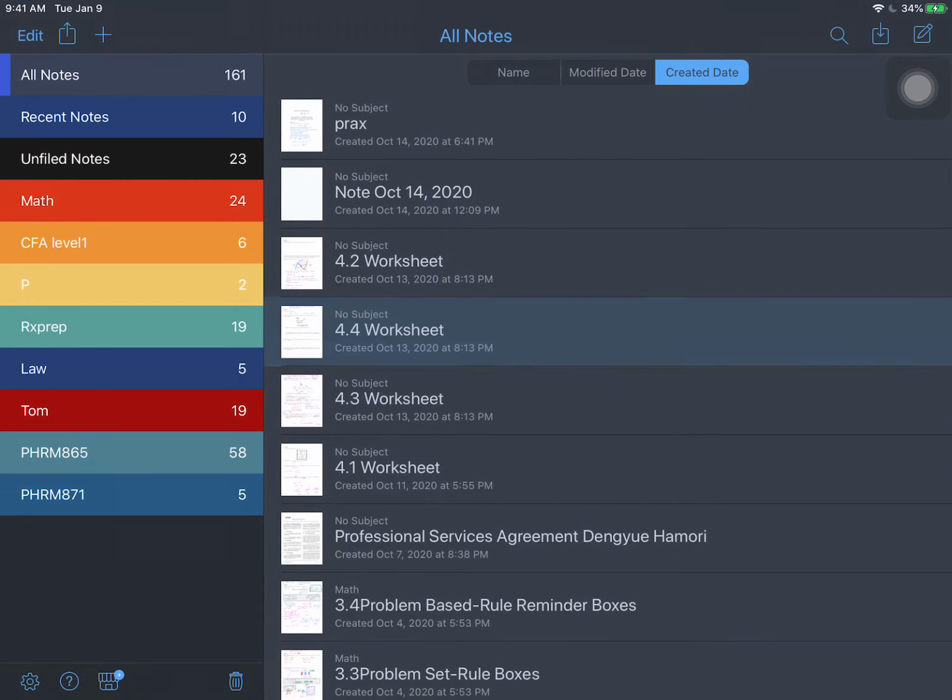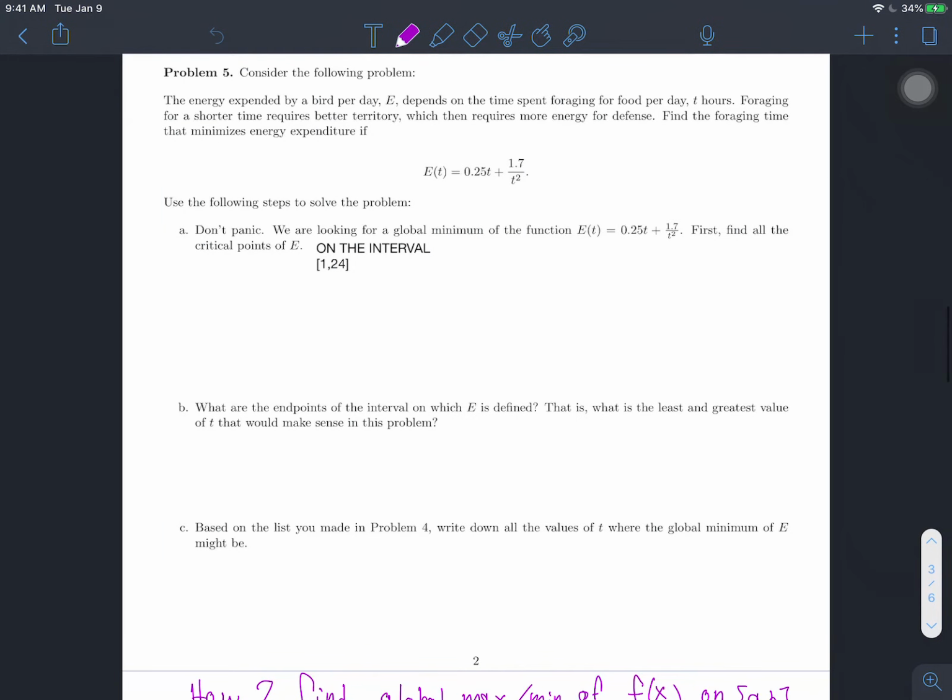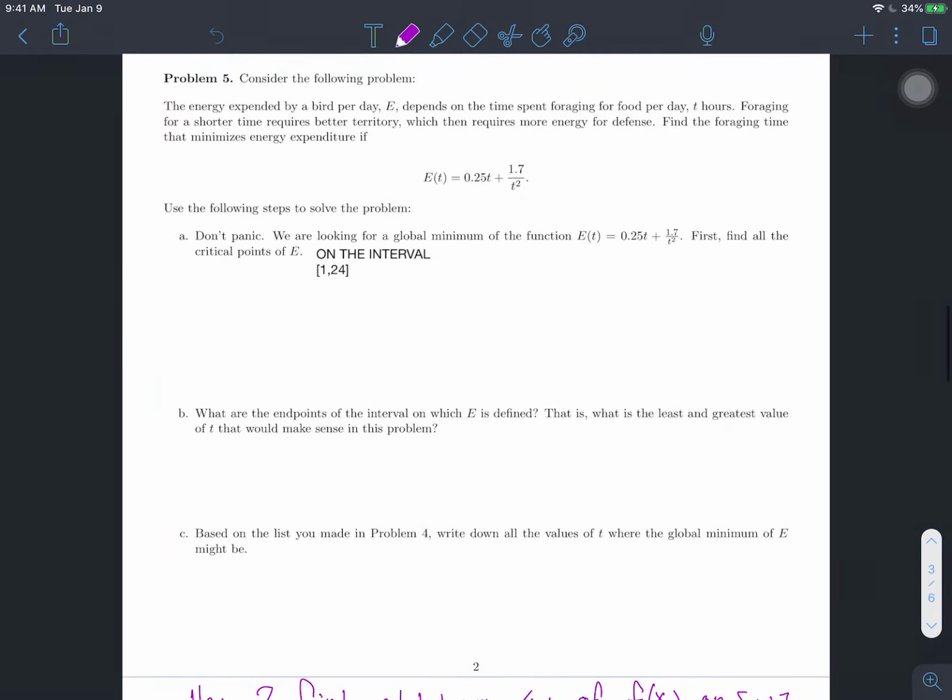Okay. Well, we got to go back to 4.3 because I didn't quite finish this problem and I wanted to do it because I think it's instructive. So our goal is to take this function E of t, which describes the energy expenditure of some bird which is spent foraging, and we're supposed to find the foraging time that minimizes energy expenditure.